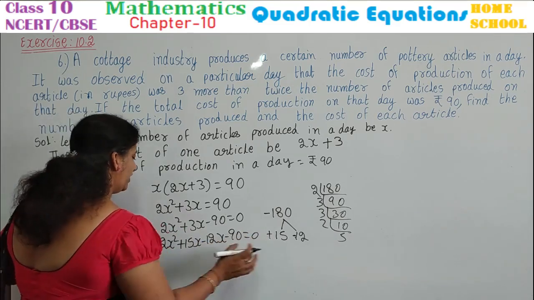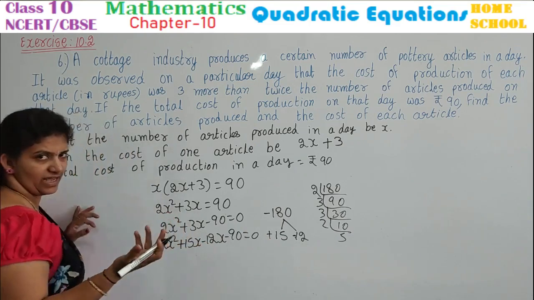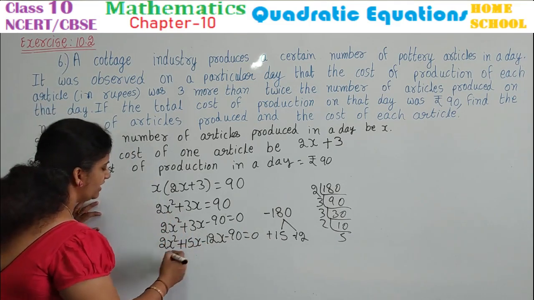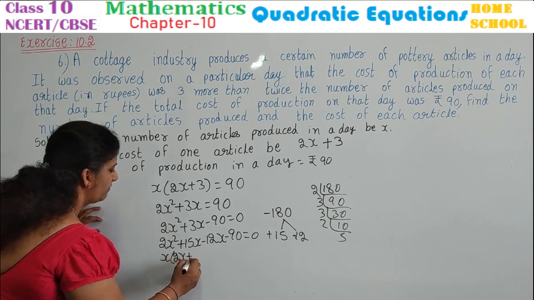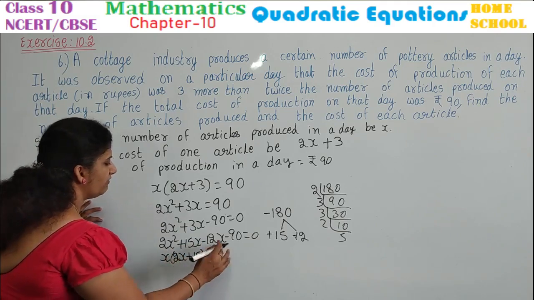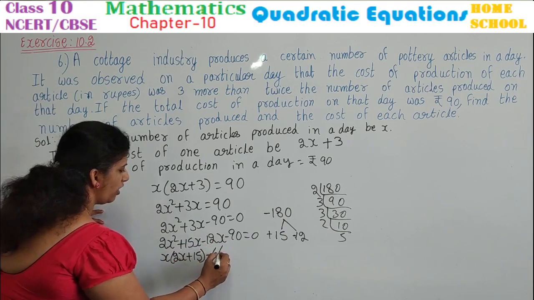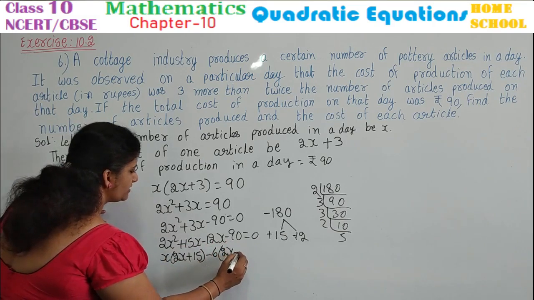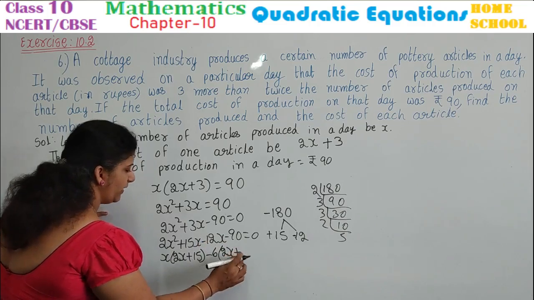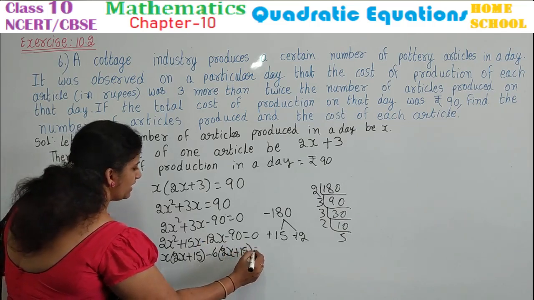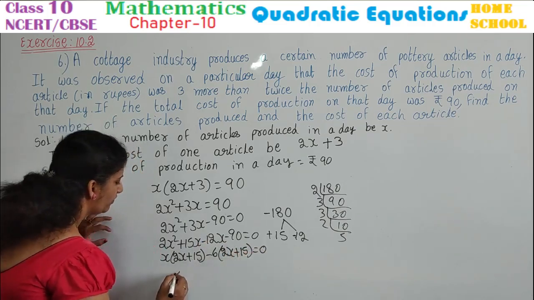You can take plus 15 first or minus 12 first, any way you can take. Now in these two, anything common? Only x is common. x into 2x plus 15. Now in these two, 6 is common. Minus 6 into 2x plus 15, since the minus sign is taken out, it becomes plus, equal to 0.